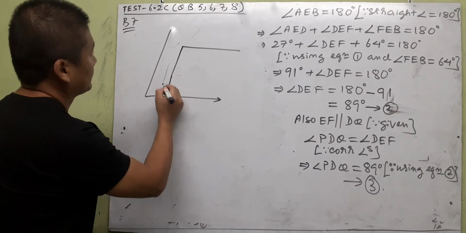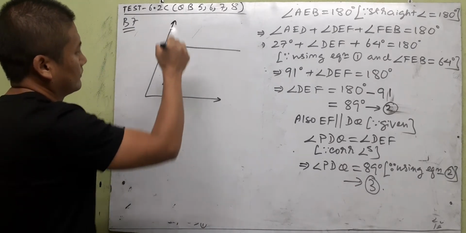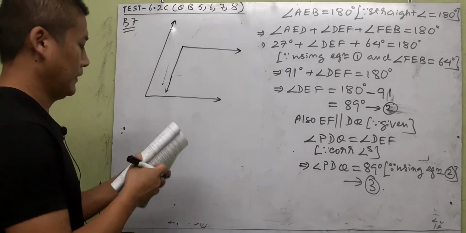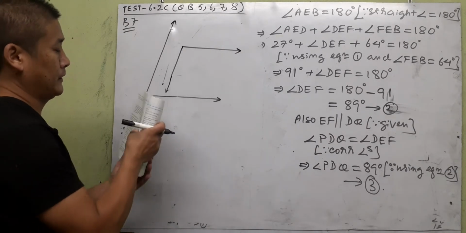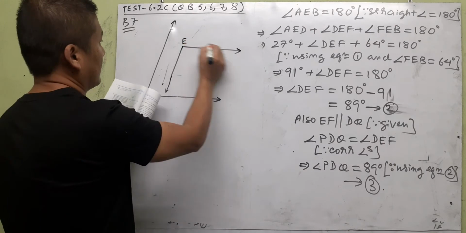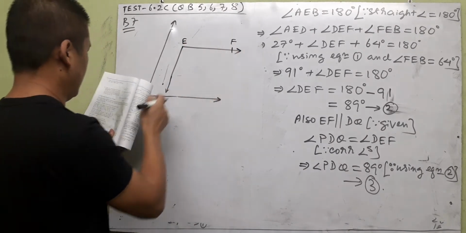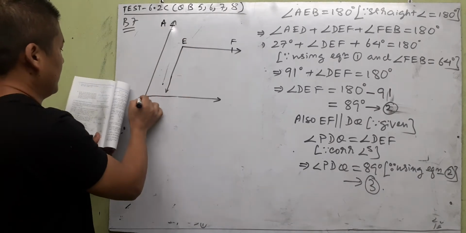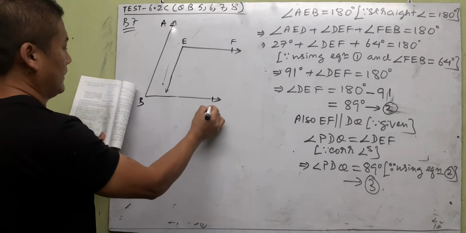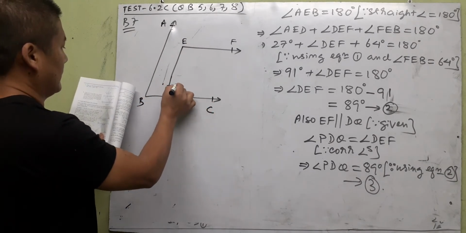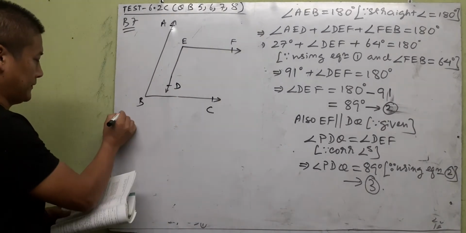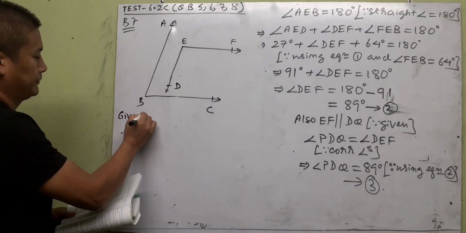So here, like this, and like this. Draw along with me: E, F, and then this is marked as A, B, and C here, and here D is marked. So let's write down what is given in the diagram and the question.